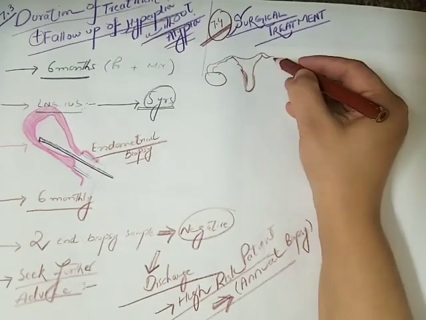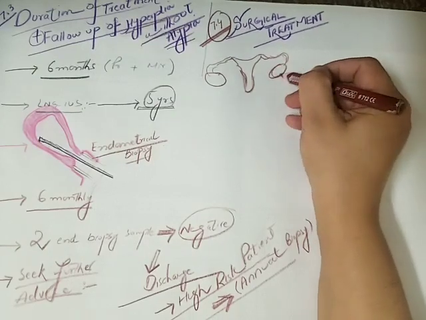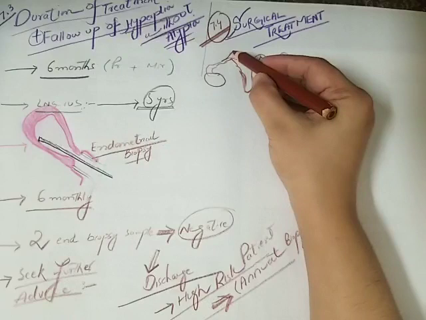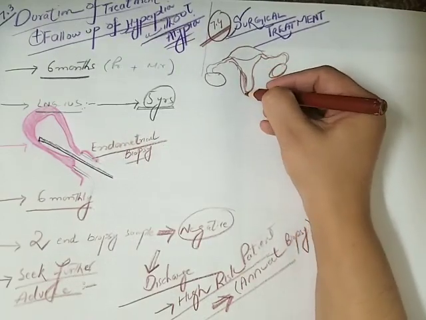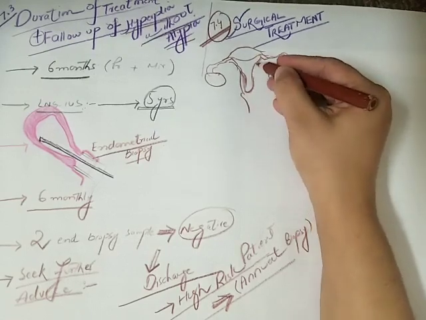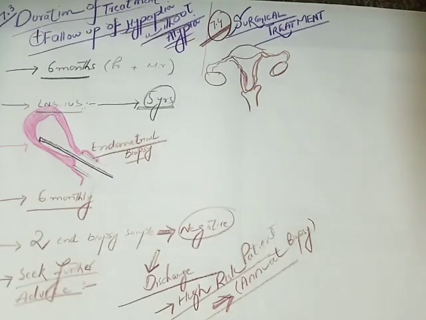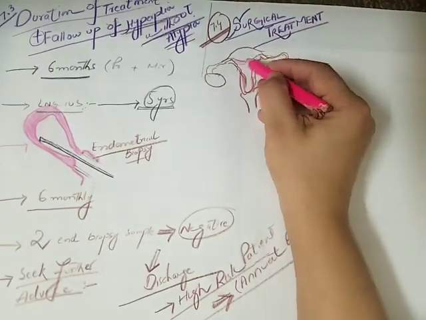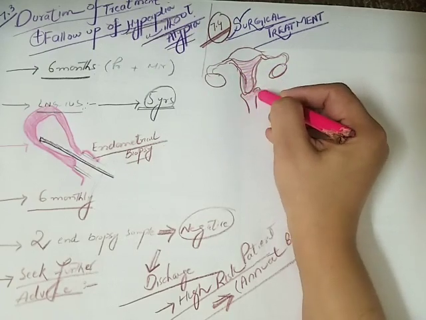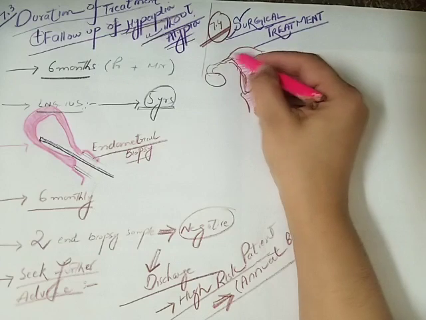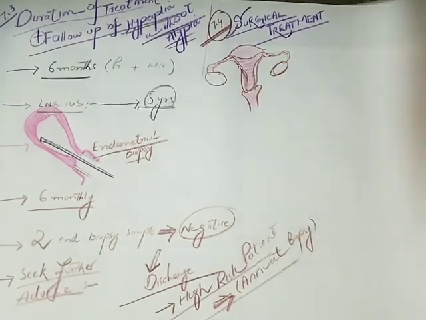But in case of endometrial hyperplasia without atypia, usually the progesterone treatment in the form of pills or in the form of Mirena is very effective. It is found to be very effective, and Mirena should be used as a first line treatment. Progesterone treatment should also be used if she wants it, and hysterectomy shouldn't be considered as a first line treatment because of the morbidity associated with the surgery.